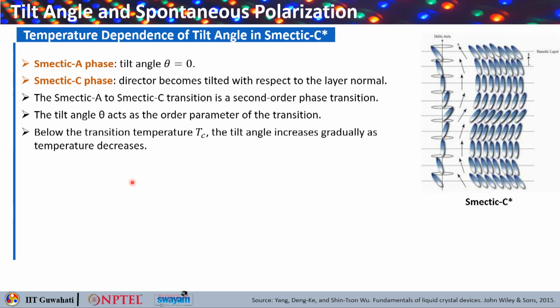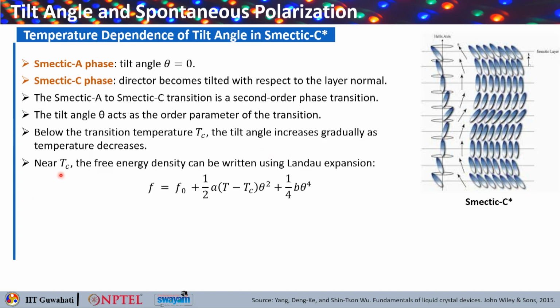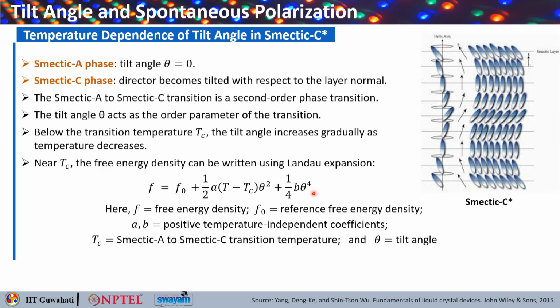Now when this transition is taking place, there is a transition temperature that triggers this. Below the transition temperature Tc, the tilt angle gradually increases as the temperature decreases. Near Tc, the free energy density can be written using the Landau expression: F equals F naught plus half A (T minus Tc) theta squared plus half B theta to the power 4.